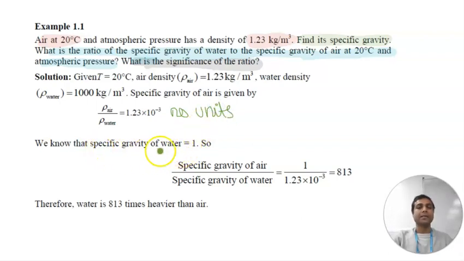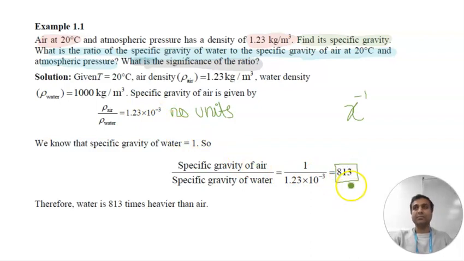Now the specific gravity of the water is 1. If you take a reciprocal of that, there is a button on your calculator, x to the power of minus 1, that takes the reciprocal of that number straight away. That will give you 813. What does that mean?